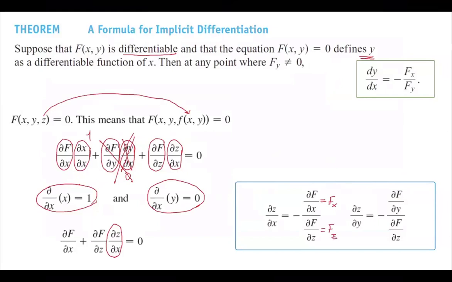With the same logic, if you take the partial derivative with respect to y, partial derivative of z with respect to y is negative partial derivative of f with respect to y divided by partial derivative of f with respect to z. This is how you get to these relations. It's not that difficult to see, you can easily take the derivative with respect to x, y, or any other variable available.